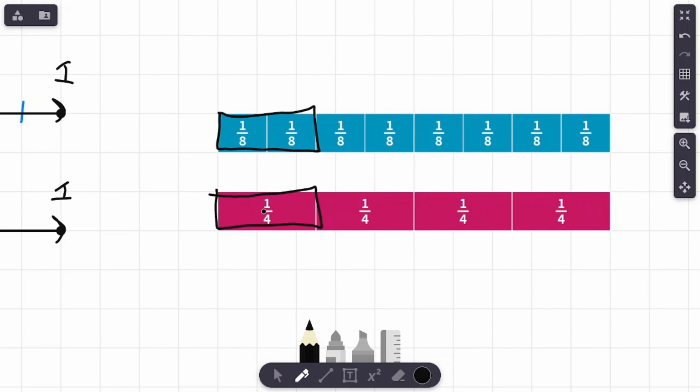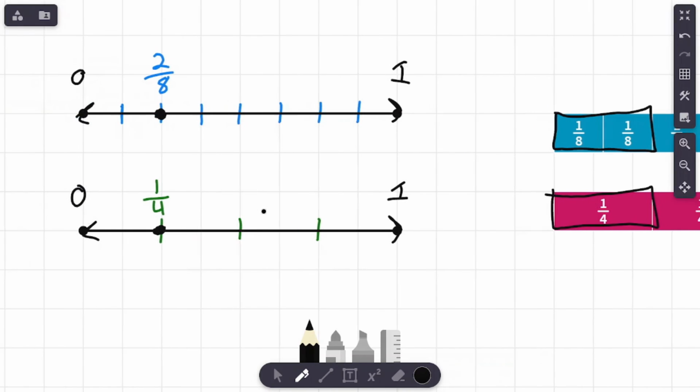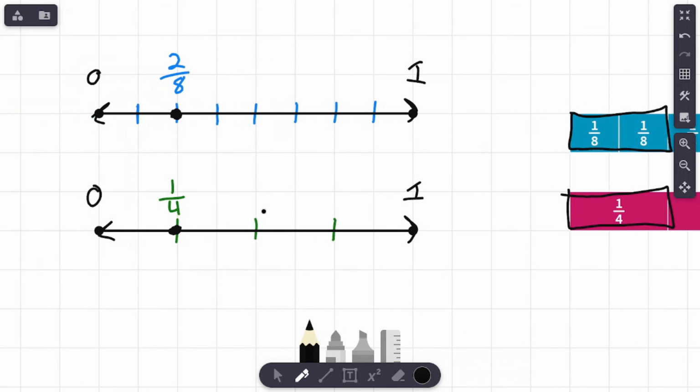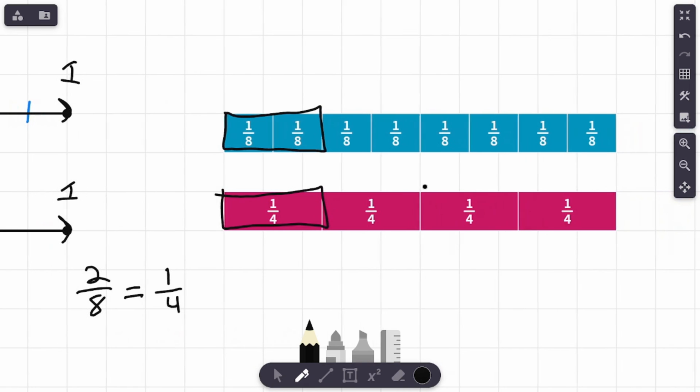If they are the same size and they are the same distance from 0 to 1, what does that tell us? At this point, most of you are probably starting to get this one. 2/8 and 1/4 are equivalent fractions. Here it is on the number line. Here it is in the fraction bars.